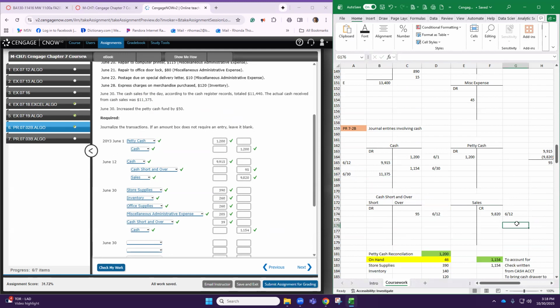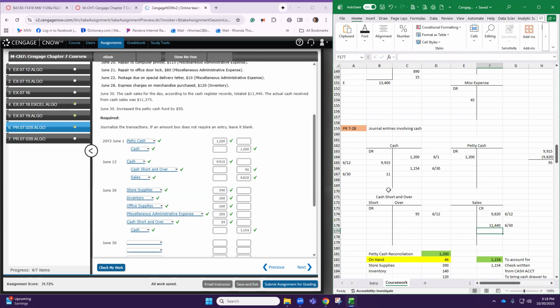And the sales is going to be for what the cash register tape says. We got to have debits equal credits. This one is 11,375. That is the cash register sales. Okay, so I've got this wrong. It's 11,440. Other way.